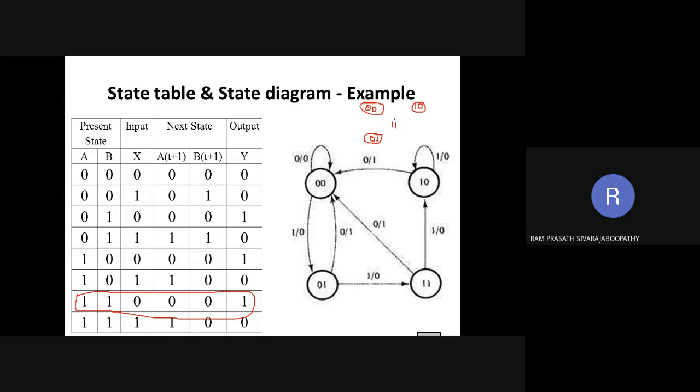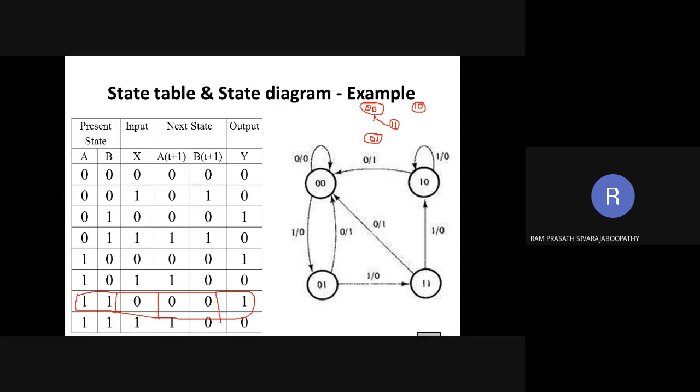See, don't think it must be drawn like this. In the state diagram, you can draw the circles in any order. Okay, so this combination is taken. 1 1 is the combination of the present state. So now this circle, correct? So this is the present state. Look at what the next state is. 0 0. Then where should the arrow be drawn from and to? An arrow is drawn from 1 1 to 0 0.